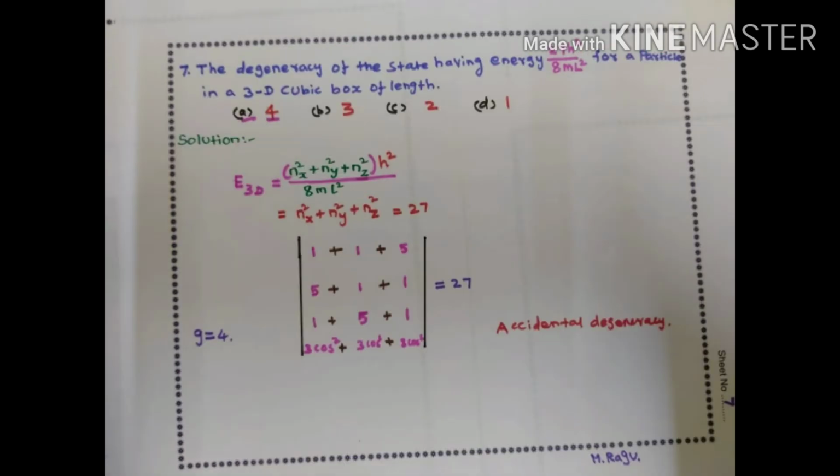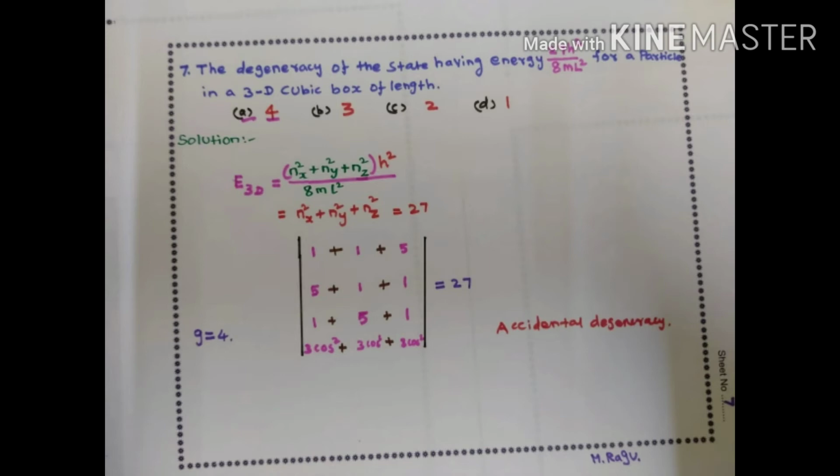Next, question number 7. The degeneracy of the state having energy 27 h square divided by 8 m l square for a particle in a 3D cubic box of length l. This question is quantum mechanics in a 3D box.